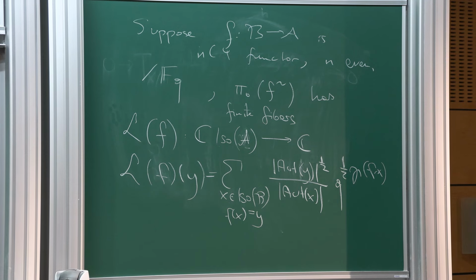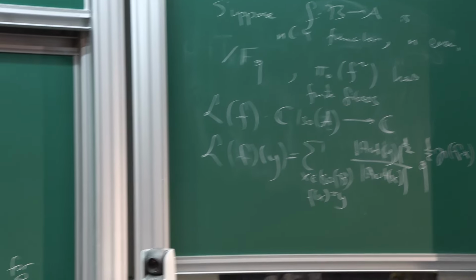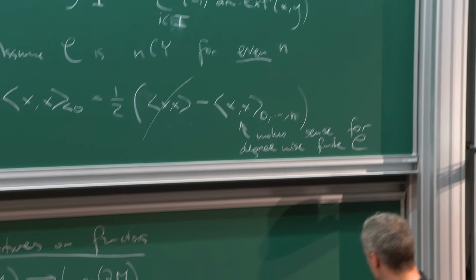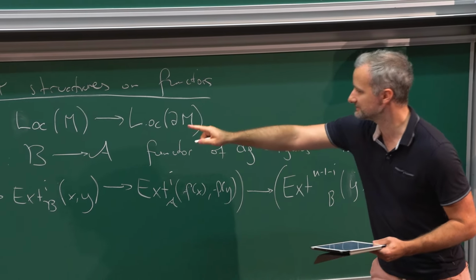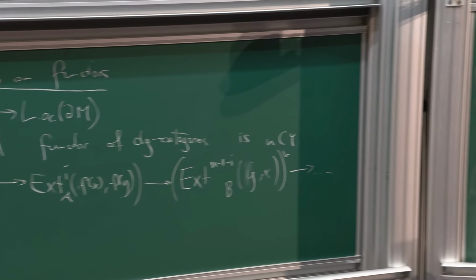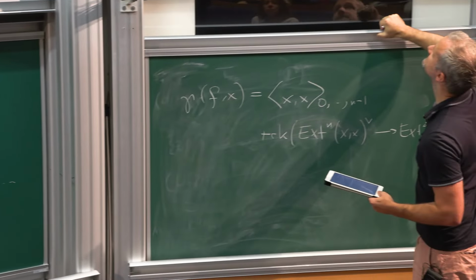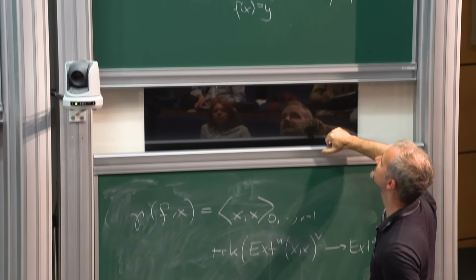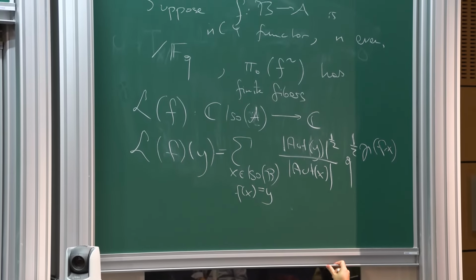So it looks like it depends on the Calabi-Yau structure, but you can compute the rank of this connecting map a priori just if you know f. So L of f should go from isoclasses of A.